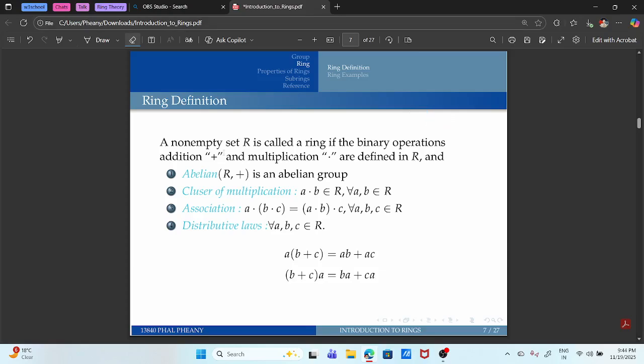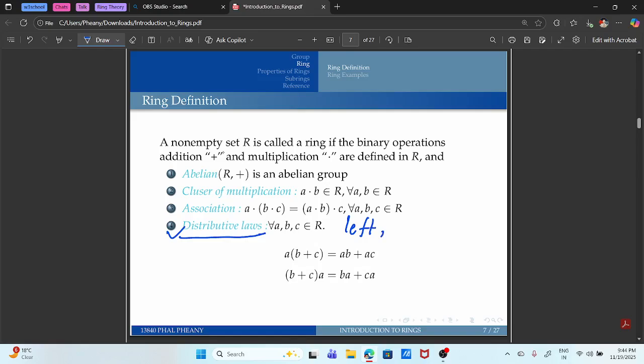Now we continue to the next property, the distributive law. The distributive law has two parts, the left distributive law and the right distributive law. In this form, A times (B plus C), we can use the distributive law and get AB plus AC.